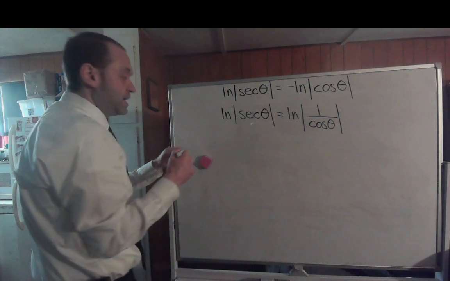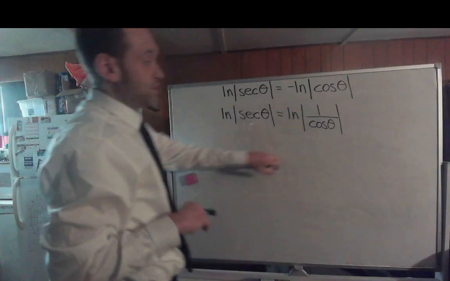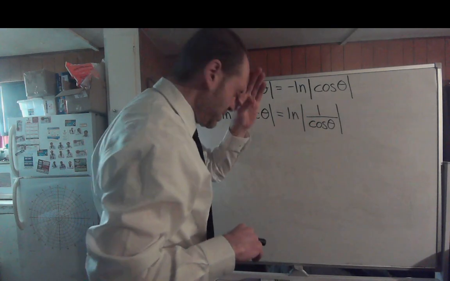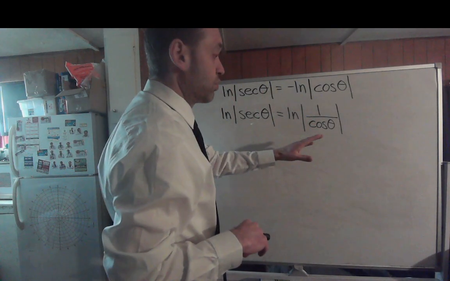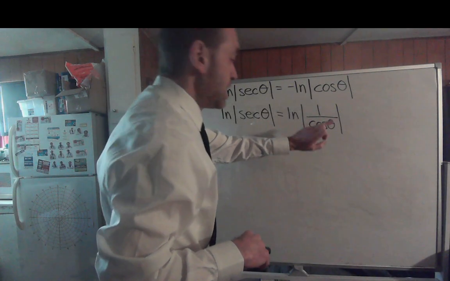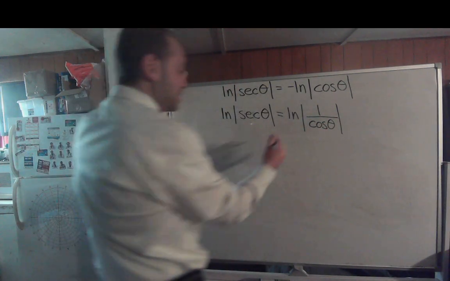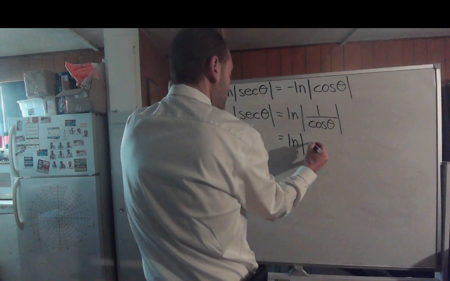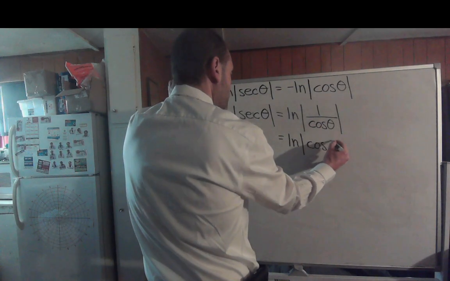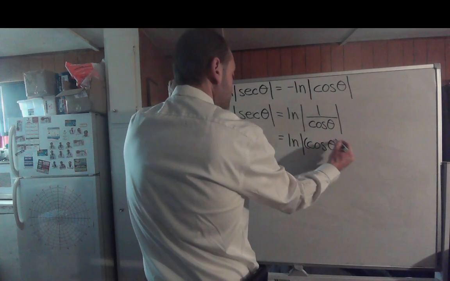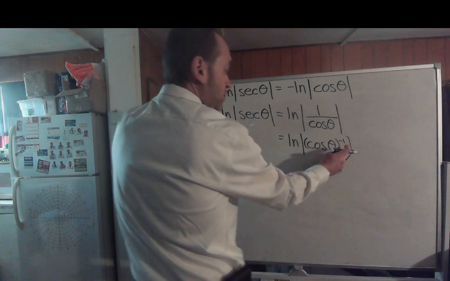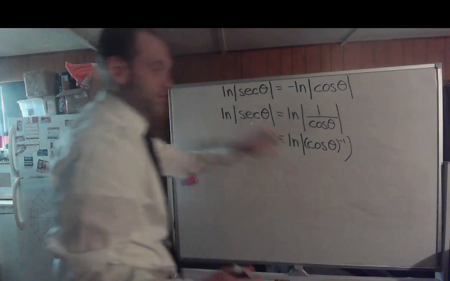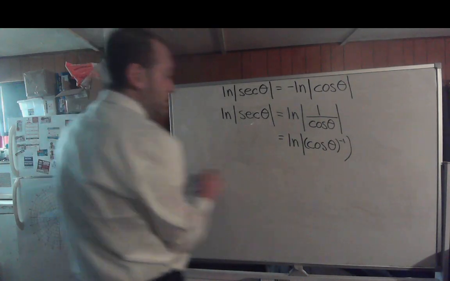Well, okay, you have a reciprocal rule in the natural log. This can be the same as the natural log of the absolute value of the cosine of theta to the negative first power, not to be confused with the inverse function. We want to make that very clear.